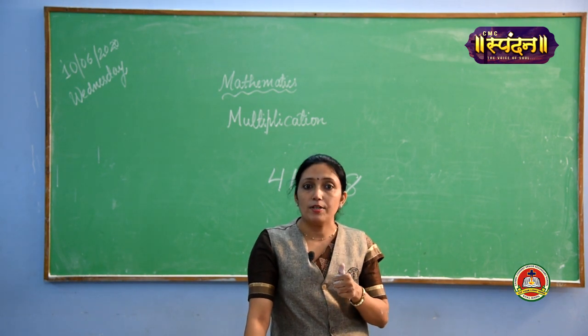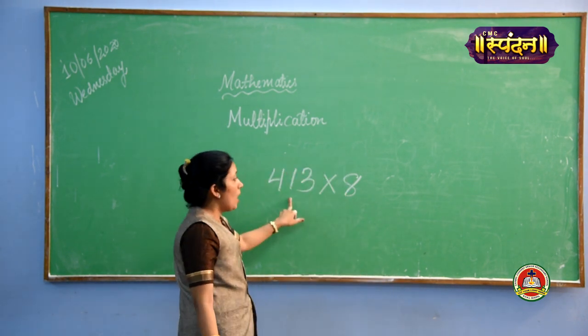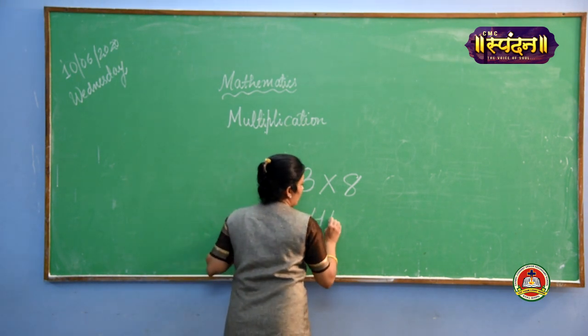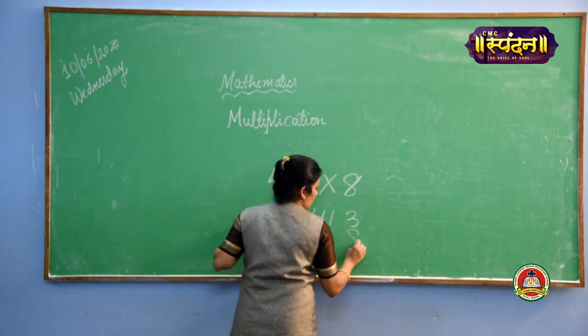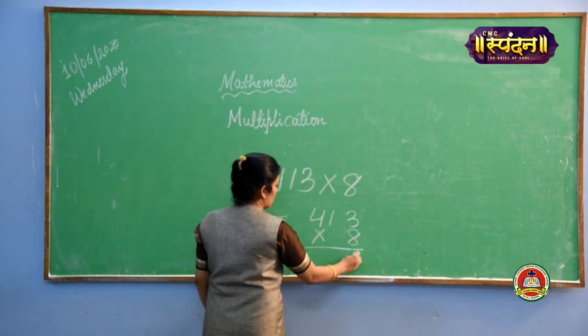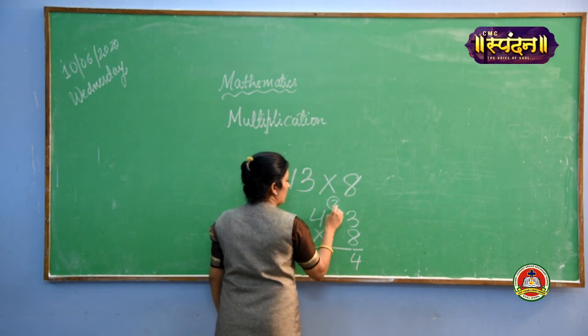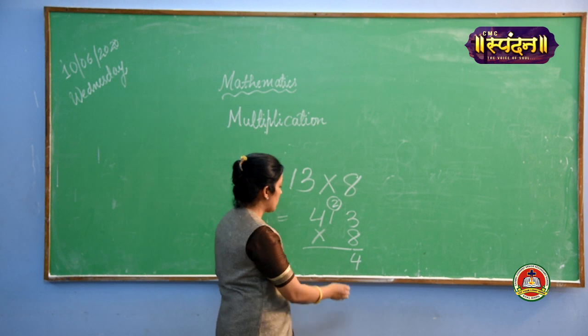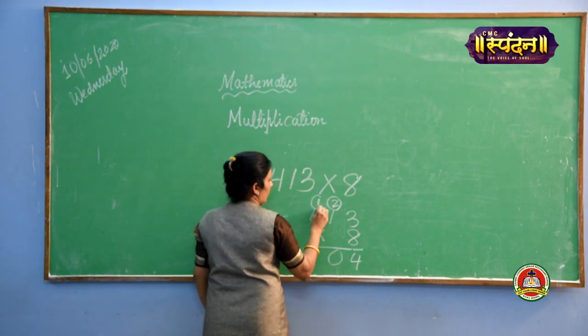So now let me check how I get my answer. 413 times 8. 8 threes are 24. 8 ones are 8 plus 2, 10. 8 fours are 32 plus 1, 33.